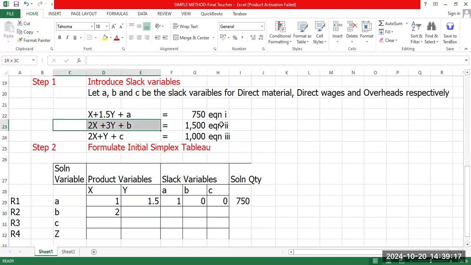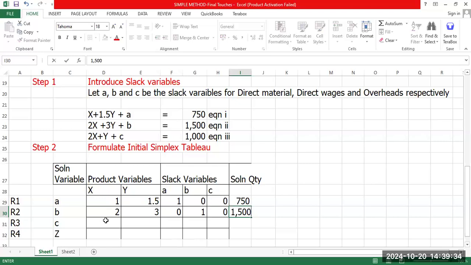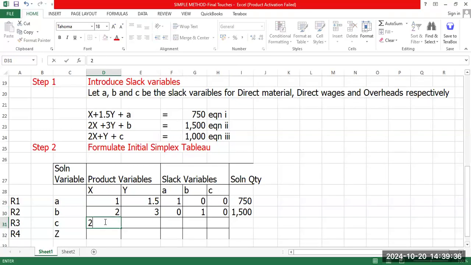We are handling this one now. The value before X is 2. The value before Y is 3. Do we have A? No. We have B. We don't have C. Here we have 1,500. Then row 3, this is 2, this is 1, then this is 0, 0.